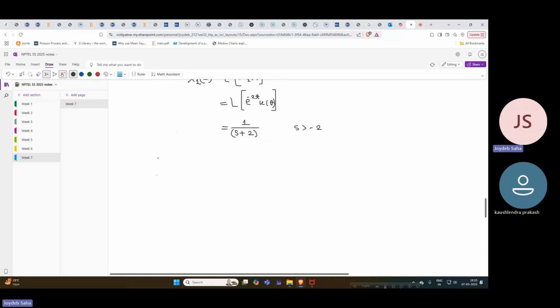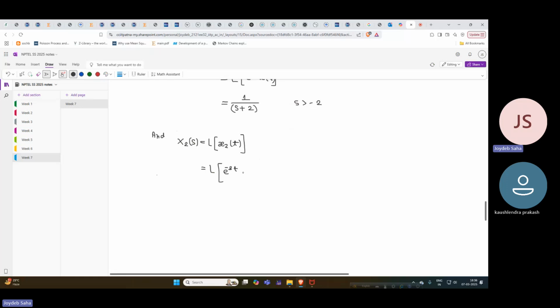Okay, and X2(s) is equal to L of x2(t), which is equal to the Laplace transform of e to the power minus 3t u(t).